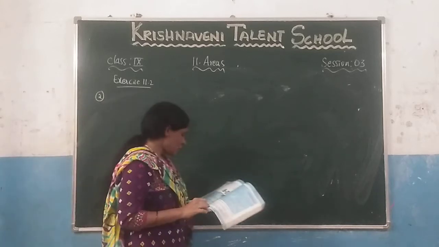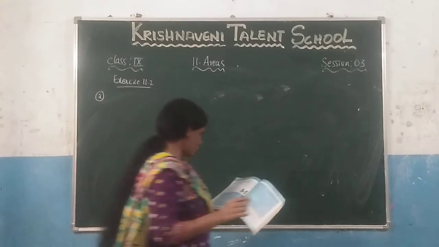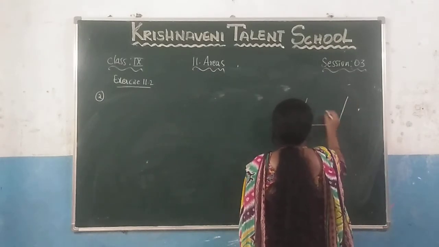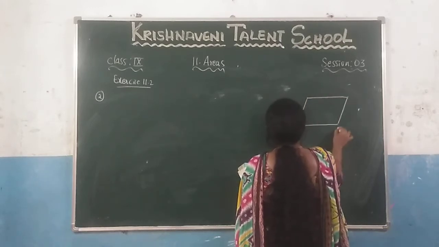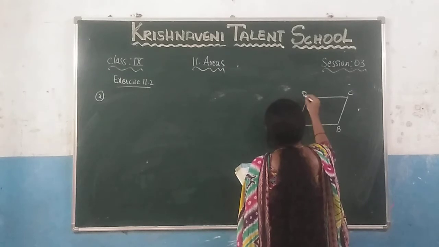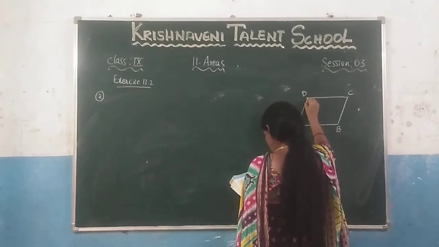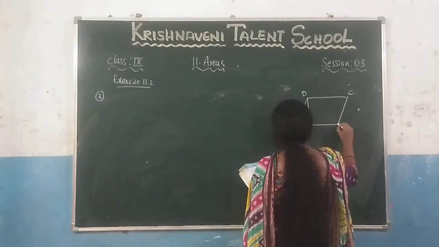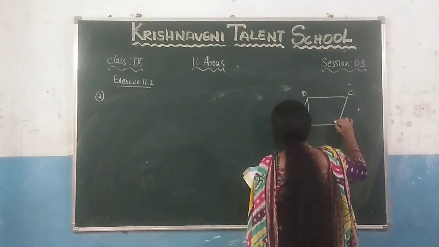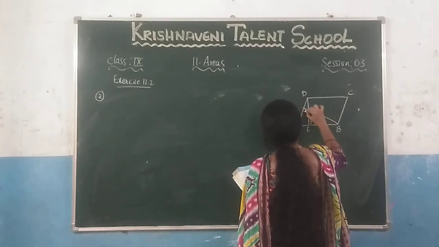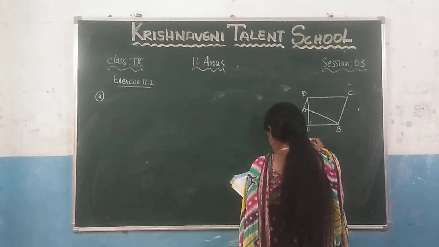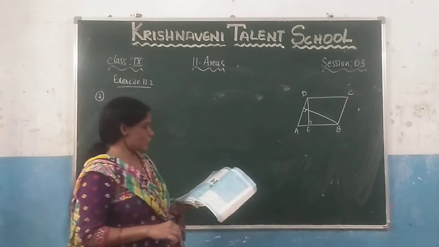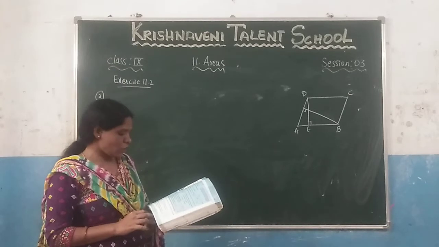The second question: ABCD is a parallelogram, so they have given here. AE is perpendicular to DC.